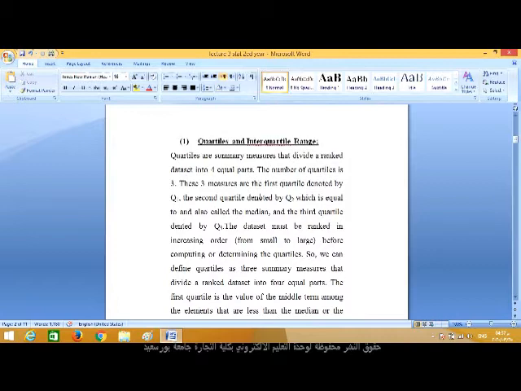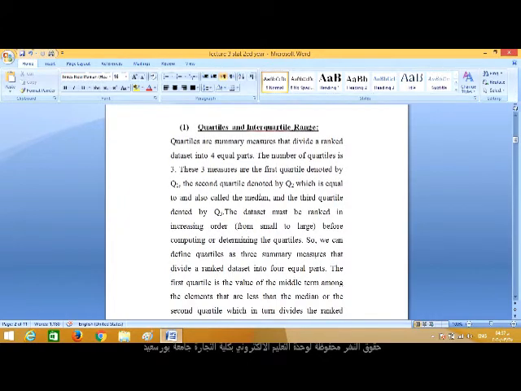The first quartile is the value of the middle term among the elements that are less than the median, or the second quartile. Okay?